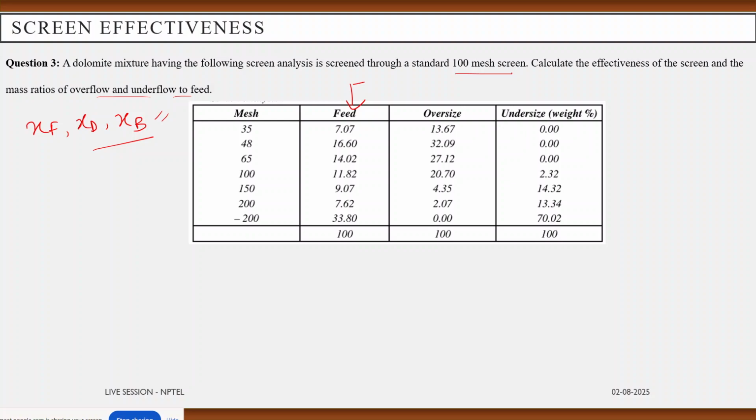You need to understand that in the question it has been given that it has been screened through a standard 100 mesh screen. So you need to focus up to this part for your calculation. The value of XF will be 7.07, 16.60, 14.04 and 11.80 divided by 100.